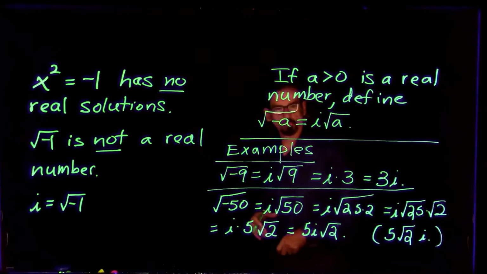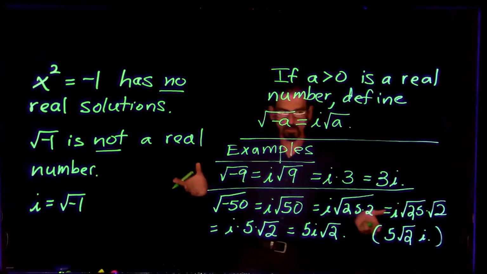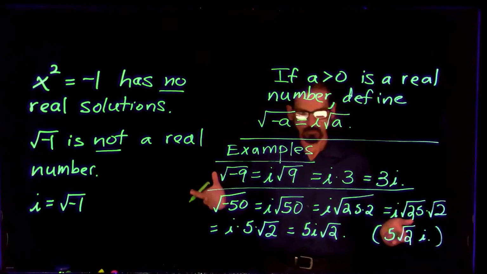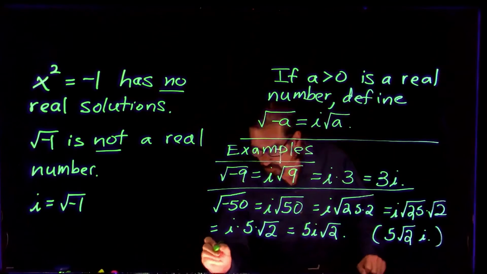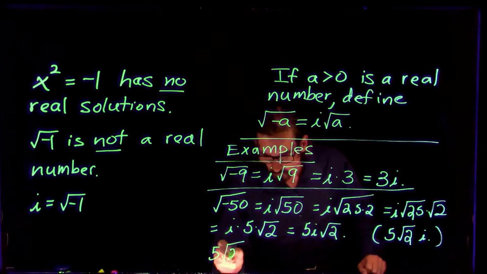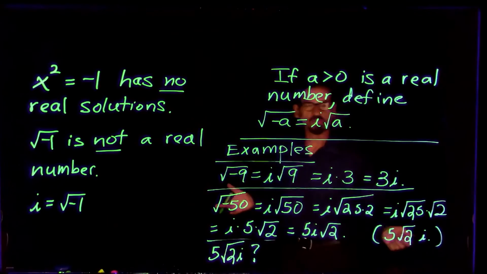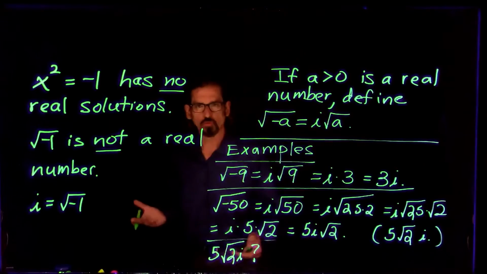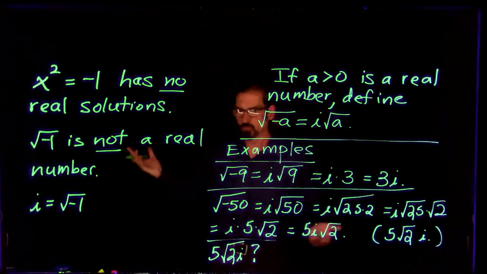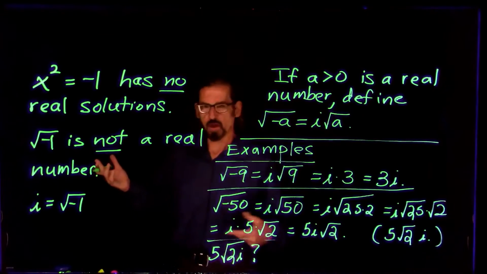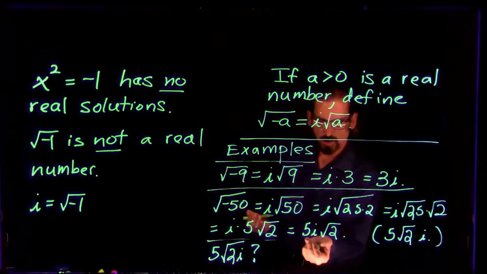However, if we write those two close, it might mean to some people, oh, do we have the i under the square root? No, we don't. How would we talk about the square root of i, or the square root of 2i? If it does mean something, well, that's for later. And for now, rather than even get into this confusion, we're going to put the i in front of the radical.